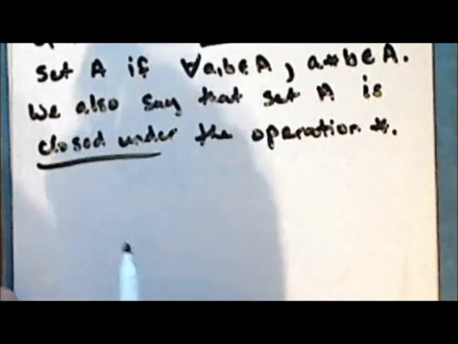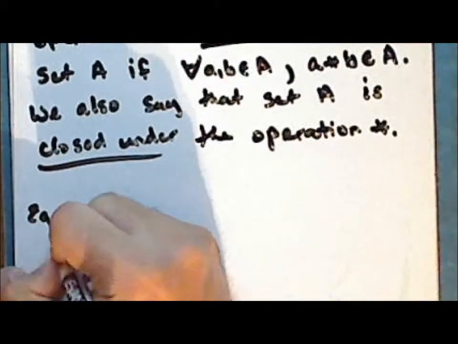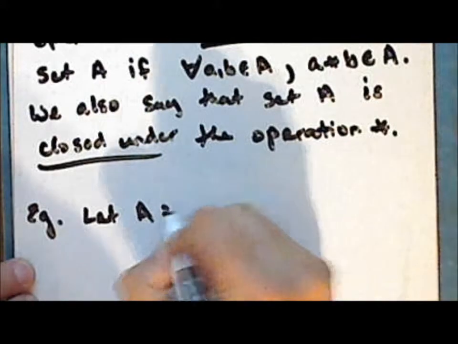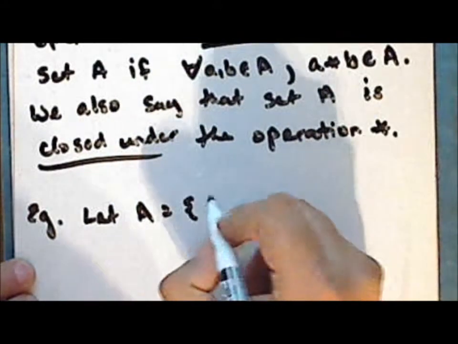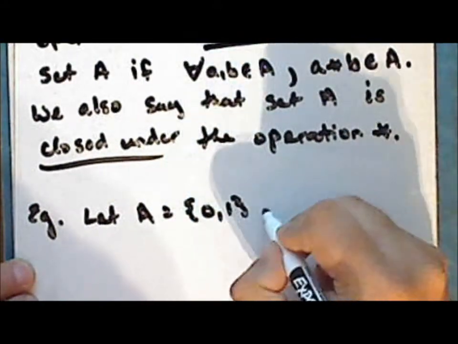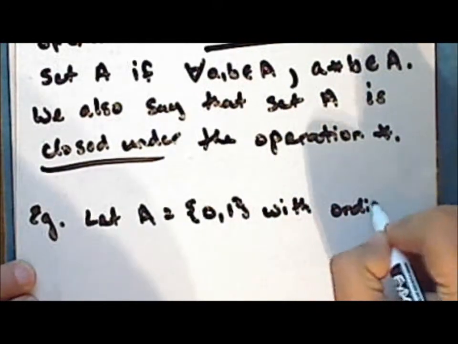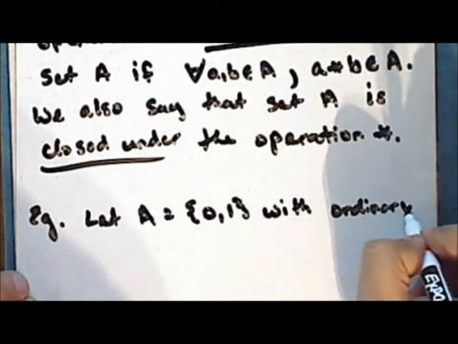So as a counterexample, let the set A be the set consisting of two elements, 0 and 1, with ordinary addition.